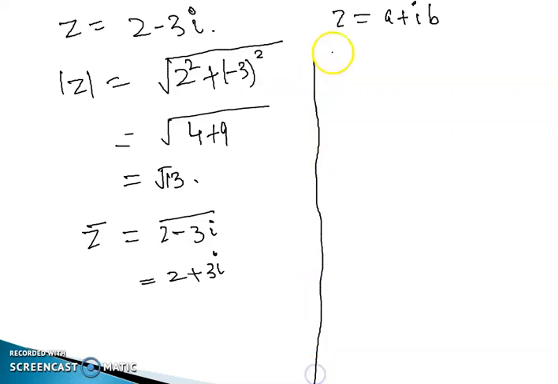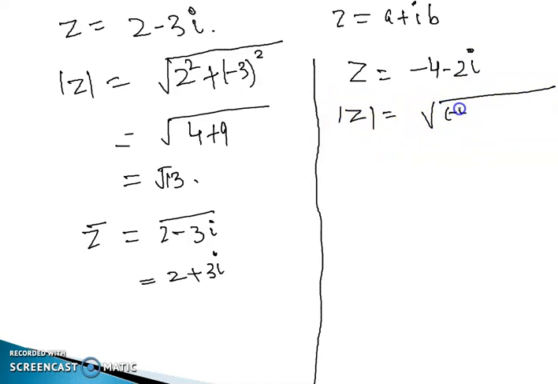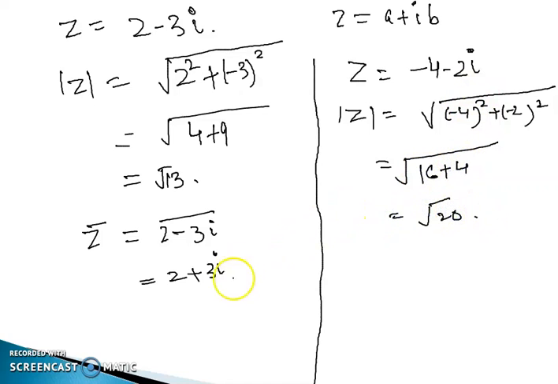Take more examples. Z equals minus 4 minus 2 iota. Then z modulus equals under root minus 4 square plus minus 2 square, which equals 4 4s are 16, 2 2s are 4, so it equals square root 20.